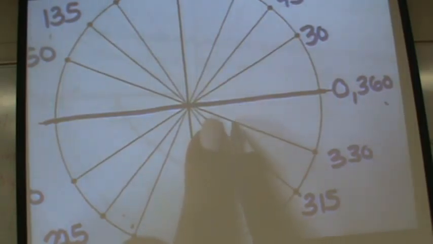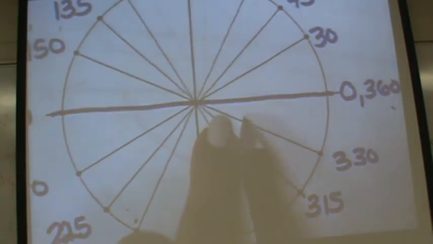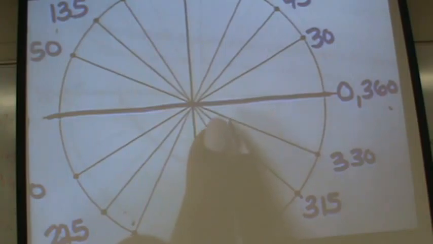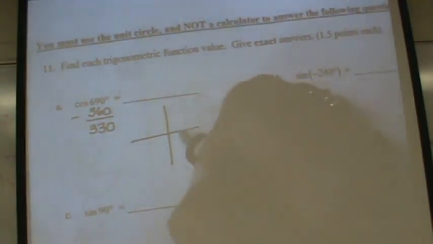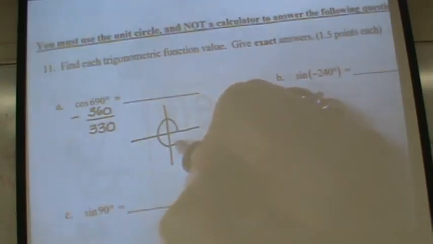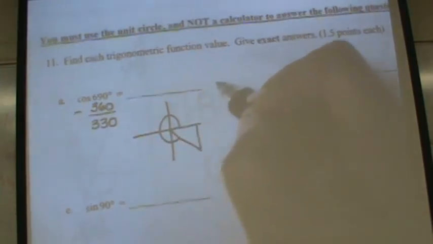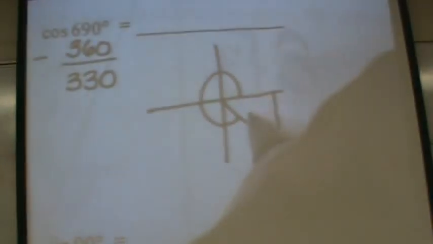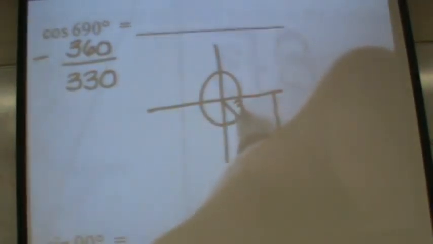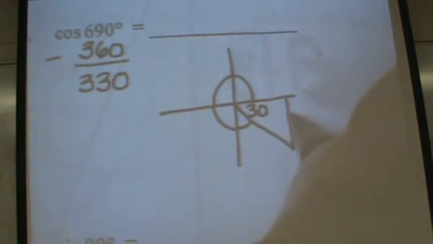What angle do you make with this axis? Remember, you always want to create an angle with the x-axis. See this angle right here, from here to here. So this is what I would do. I would draw underneath, that's why I left you some room. So tell me what angle this is again. It's 30 degrees.